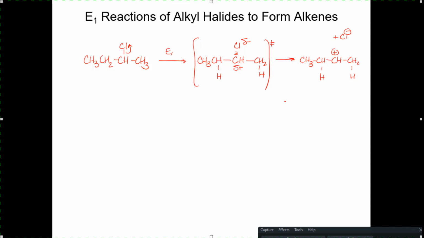Now, have we done that before? Yes, because this is the same step as an SN1 reaction, which is the problem with E1. Whenever you do an SN1 reaction, you always have the potential of getting E1 products. So now what can happen is, let's say there's not another nucleophile in the mixture that's going to come in and add to the carbocation.